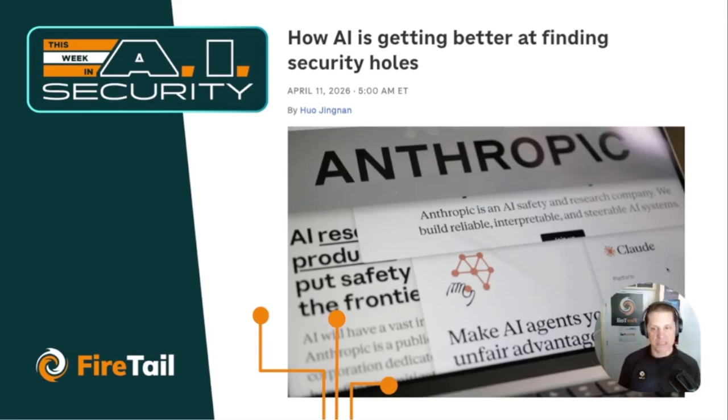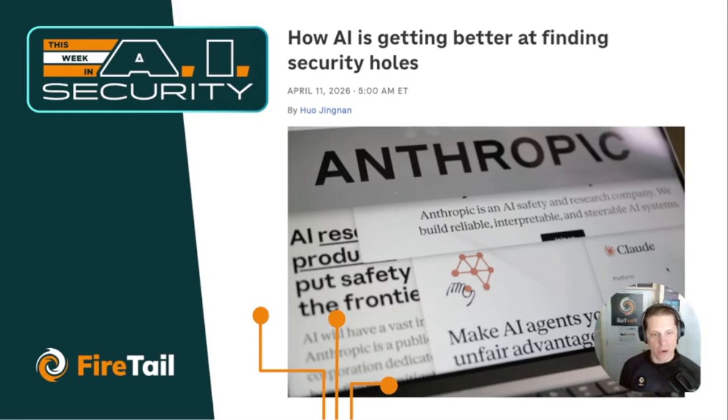But by 2026, that quality has flipped. Almost all bogus reports are gone, and almost all the reports coming out of Mythos and similar tools are valid vulnerabilities being found. So that is a huge thing.